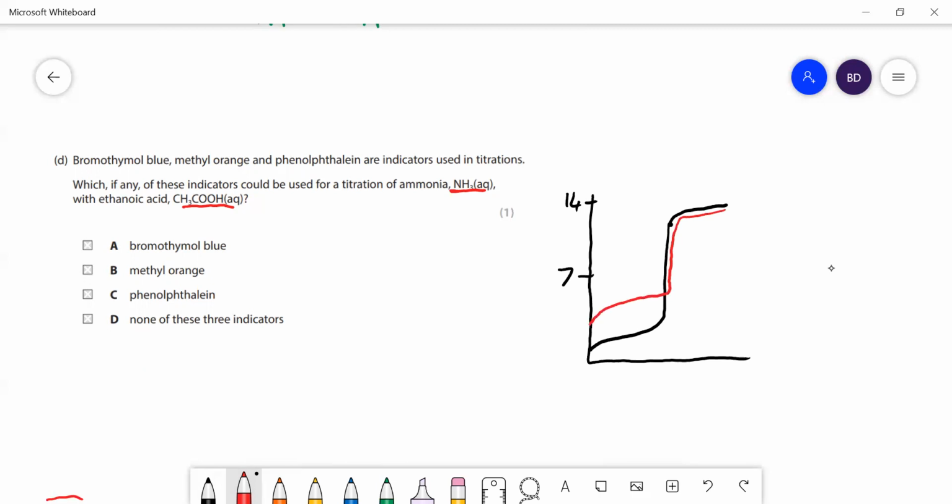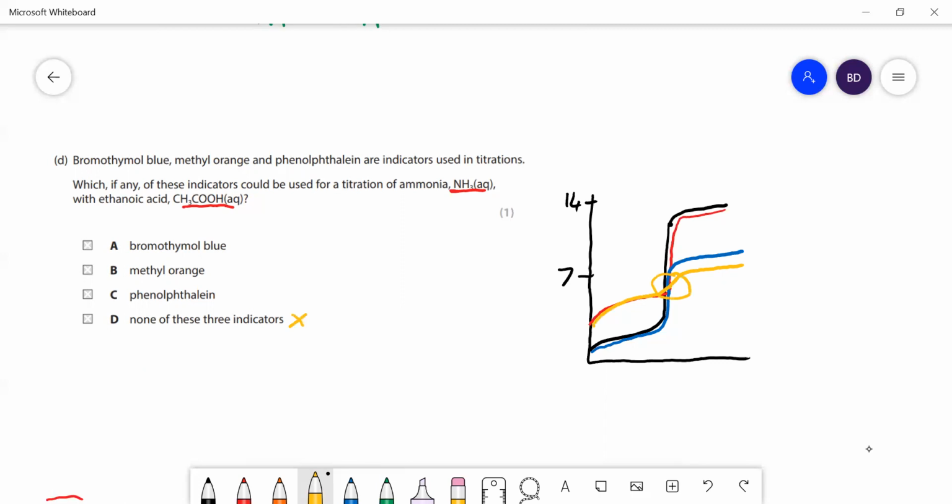A strong acid and a weak base, you would get something like that. If you got a weak acid and a weak base, you just get a very indistinct endpoint, which you wouldn't be able to detect with an indicator. So you can't really do a titration of a weak acid and a weak base. So our answer is D.